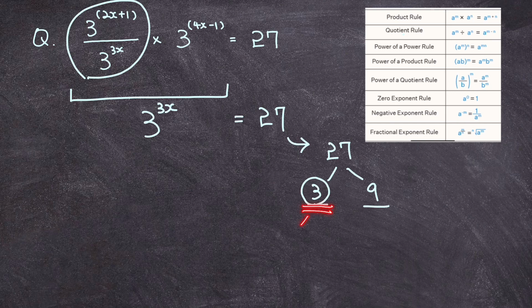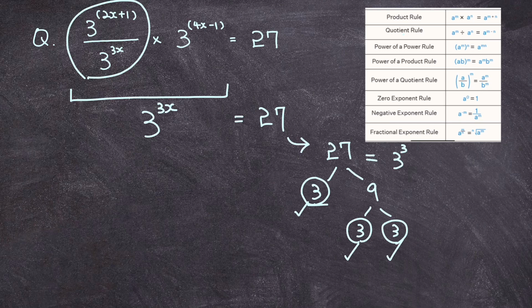I'm not gonna branch out further. And 9, of course, is made up of 3 times 3. And since both numbers are prime, I circle and end the tree there. And I can rewrite it as, since there are 3 3's, 27 is equal to 3 cubed.